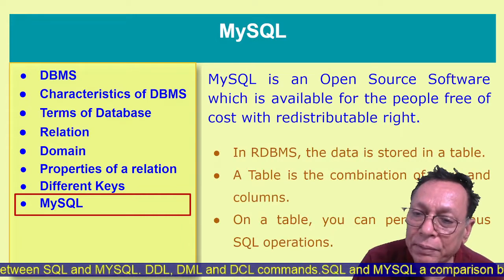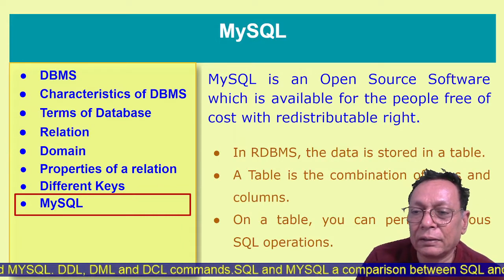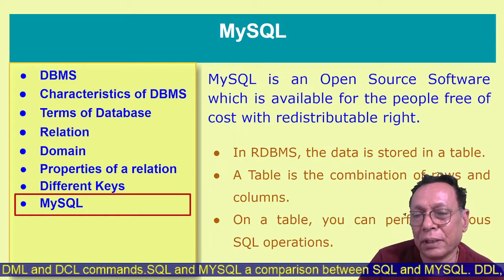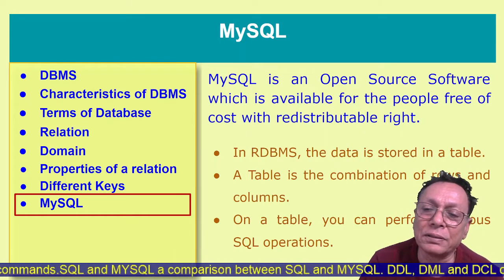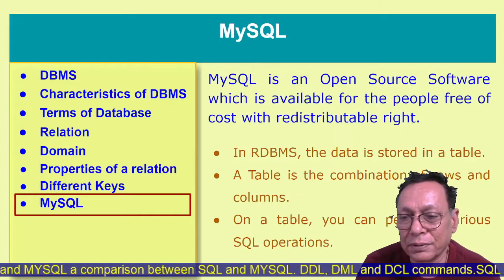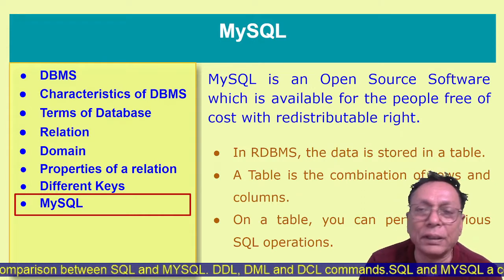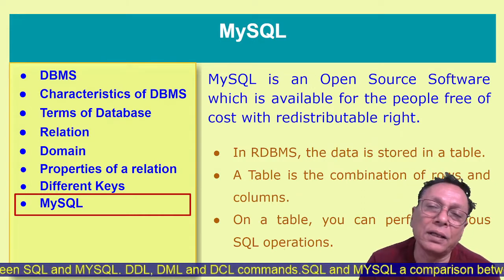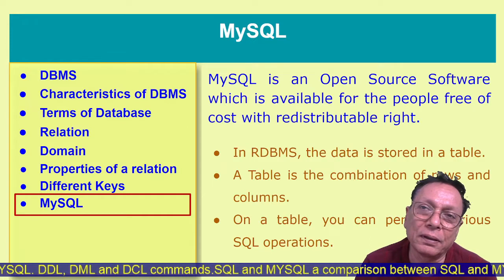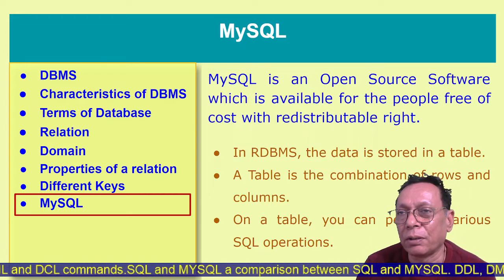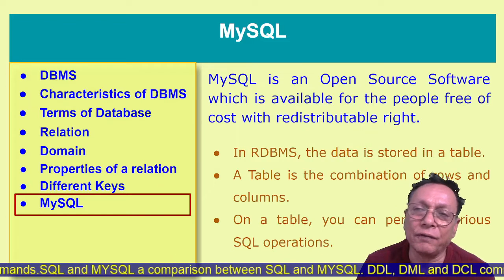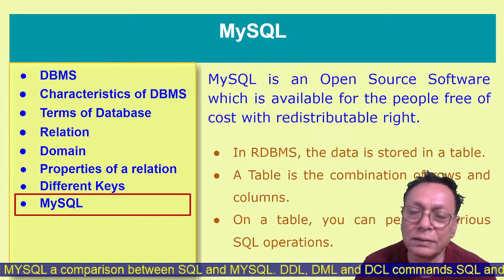In RDBMS, the data is stored into a table that you know very well, and table consists of rows and columns. On a table, you can perform various SQL operations. So these operations or these functions we'll discuss in later slides.